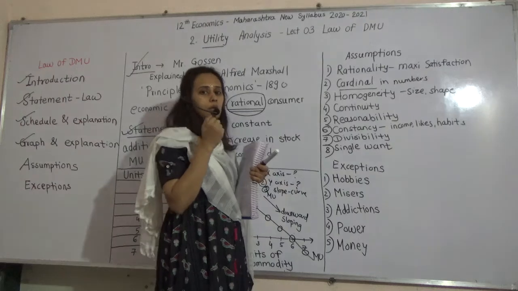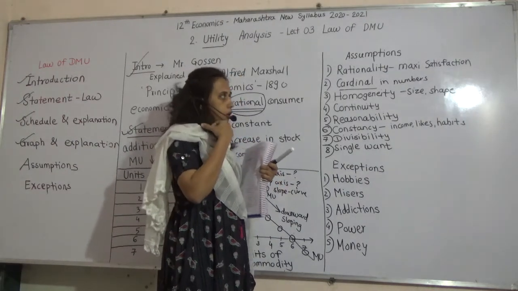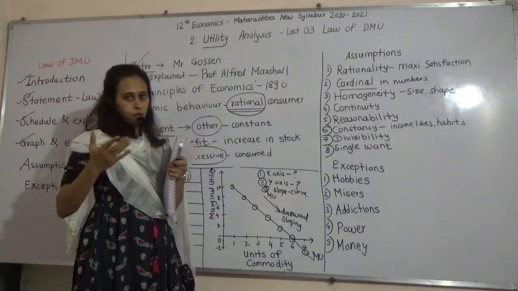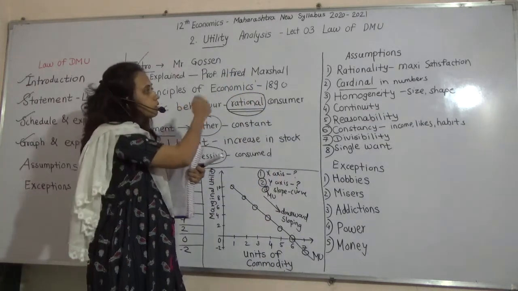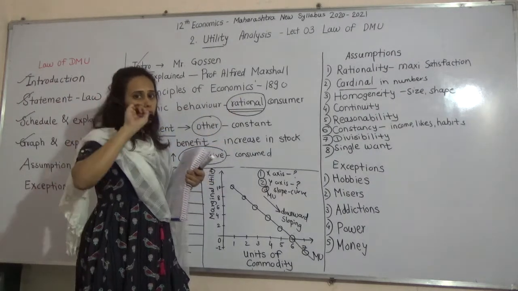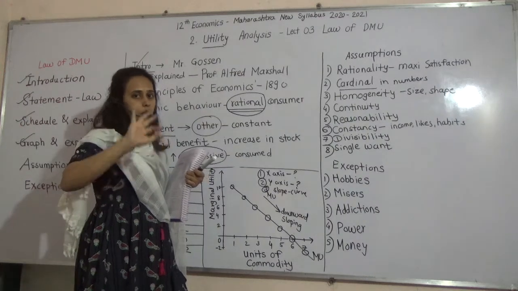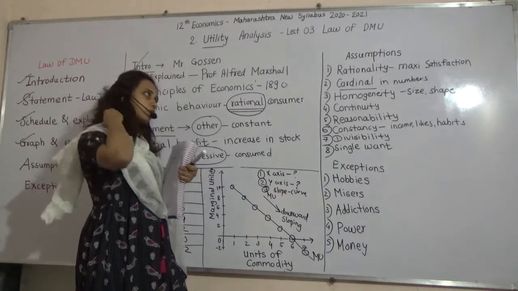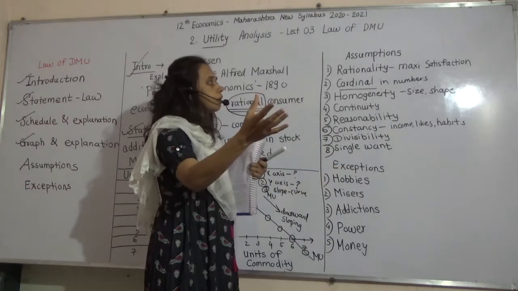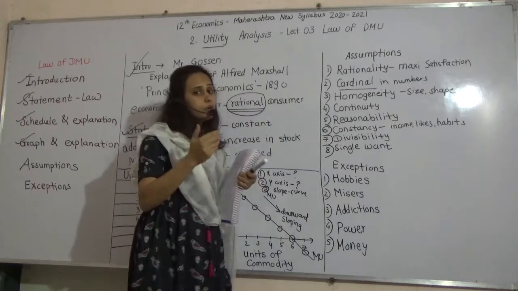When he, after coming from outside, consumes the first cup, it will give more satisfaction, then second, third. But remember, for proving this law, if I have taken vanilla flavor, then all 10 cups should be of vanilla flavor. They should be of the same size, shape, color, same company. There should not be any difference. Suddenly chocolate flavor, suddenly butterscotch, it should not be like that.